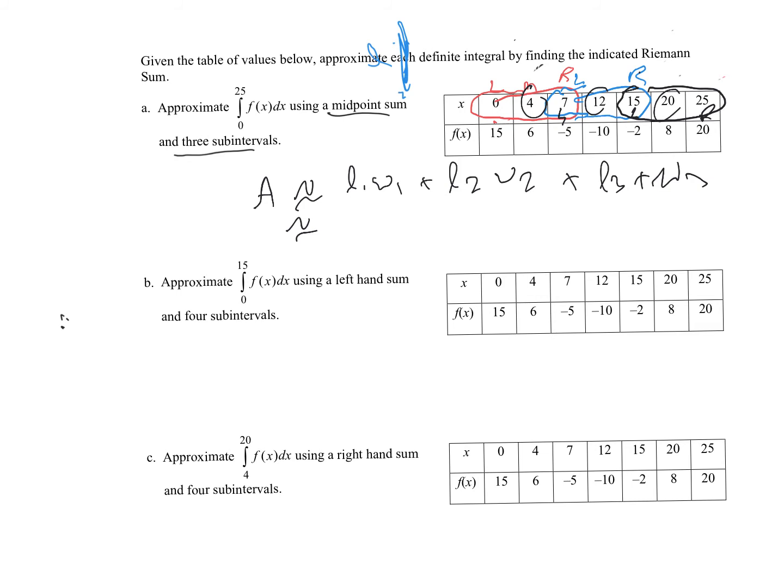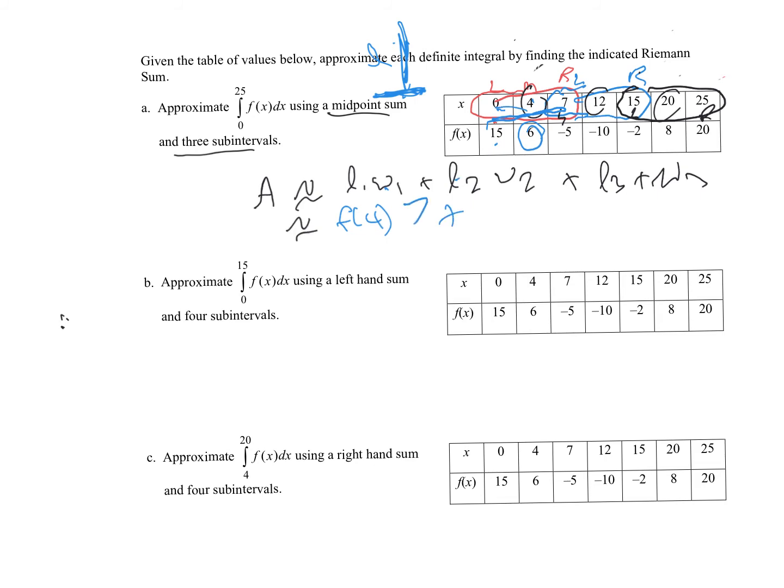My width would be that whole segment from here to here. So my length would be f of 4, which is 6. I could write that out, f of 4 times the width. Well, the width is from 0 to 7, 7.